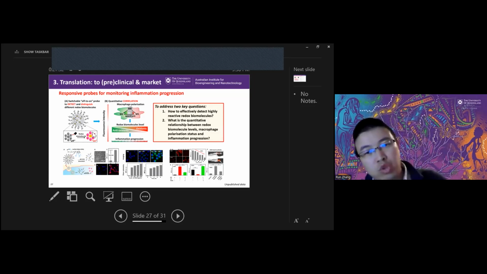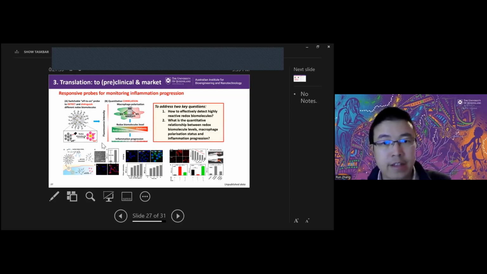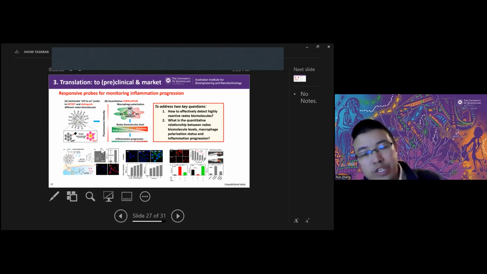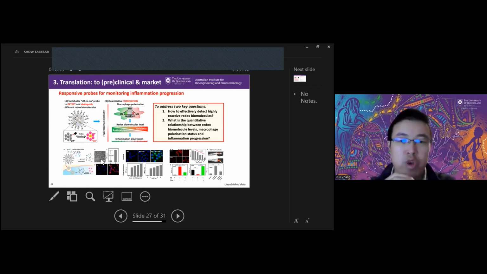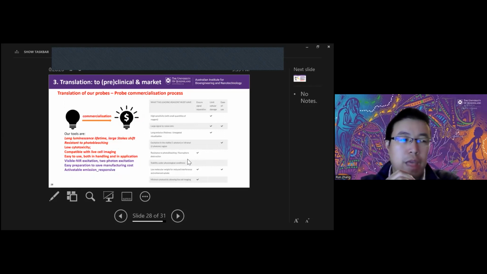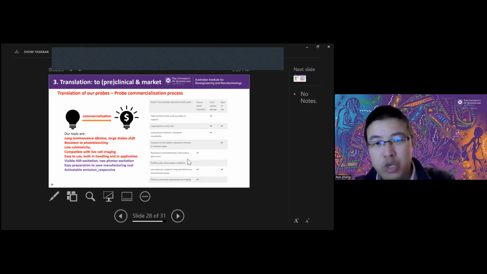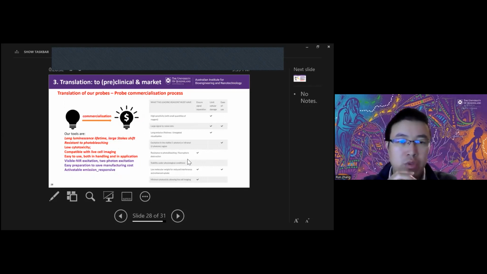We want to answer how to detect the highly reactive biomarkers inside cells, and how to get the quantitative relationship between redox biomolecule levels and macrophage polarization and inflammation progression. We are also interested in turning our probes into commercial products, to be available to more researchers worldwide.